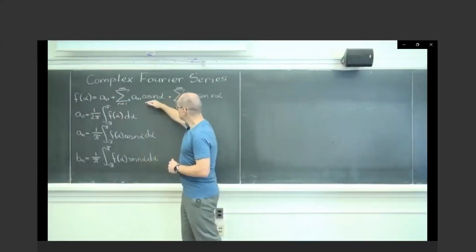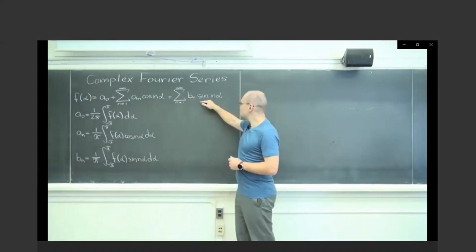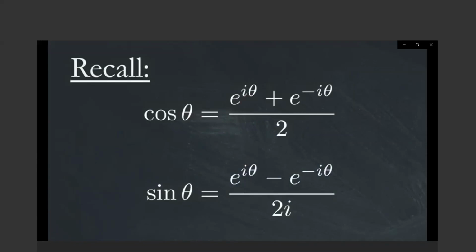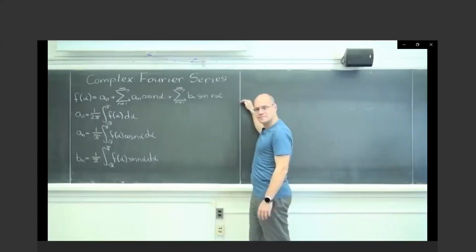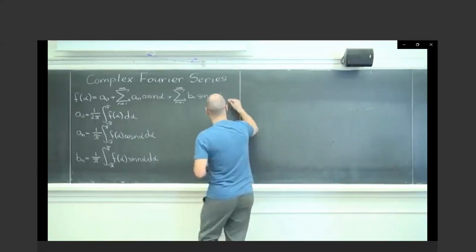In the case of sine, it's a minus, and you have to divide by 2i instead of 2. So that's what I'm going to do silently. I'll plug that in here, and then we'll take a step back and look at what we've got. Here we go.